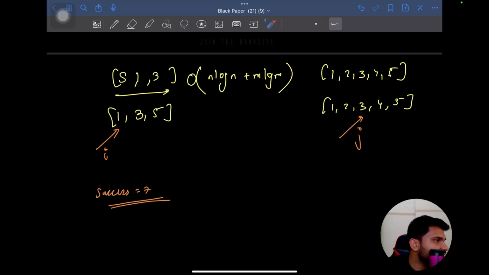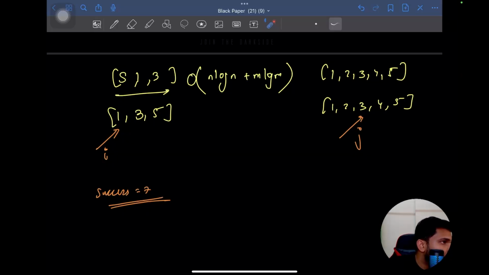This 2 could have been paired with 5. But if you just directly keep on incrementing j, then technically you're going to miss some probable solutions. You're going to actually miss something that could have been your answer. Yes or no? Right?